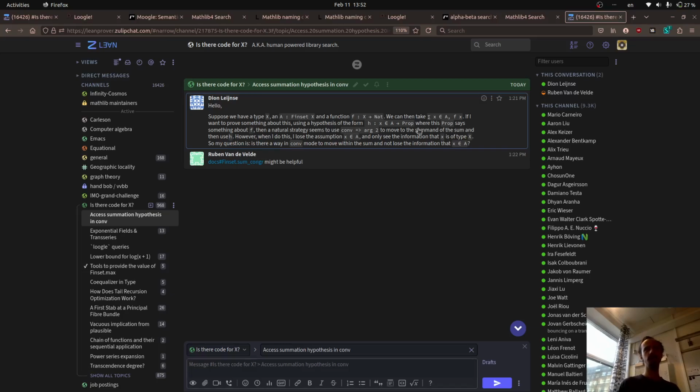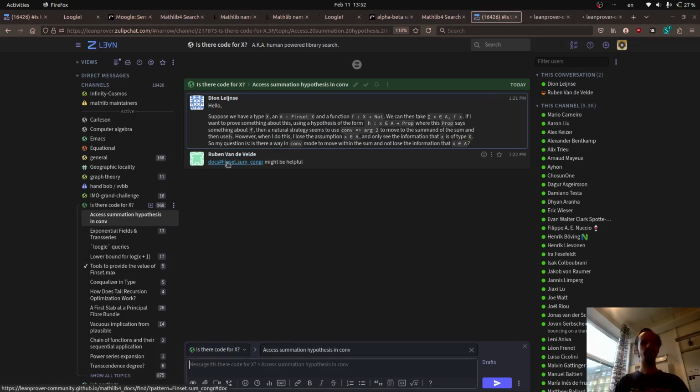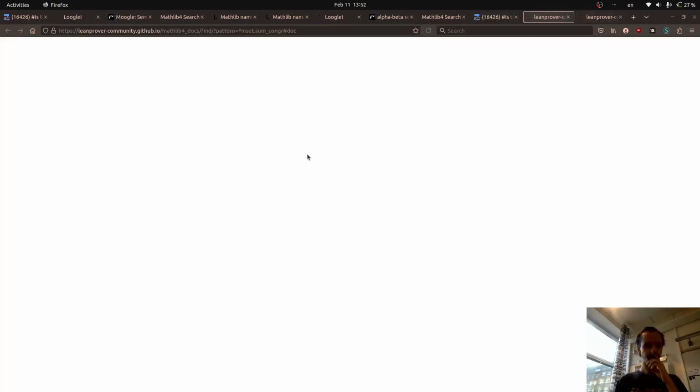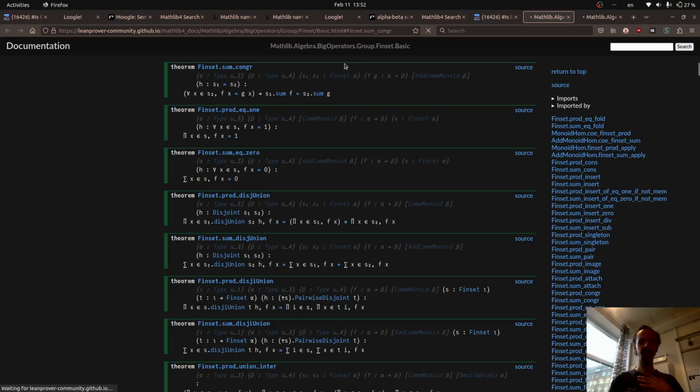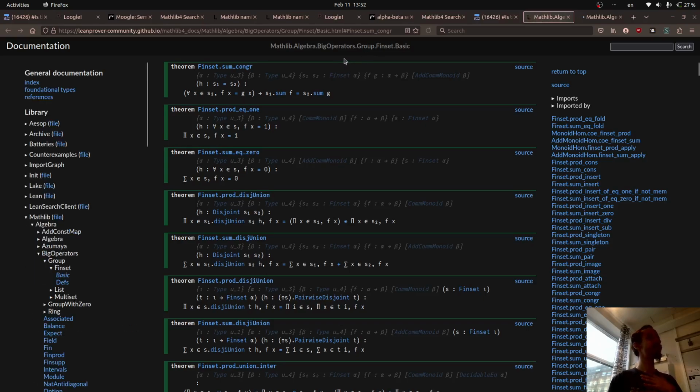But if you just use congr, then you won't get that assumption because they're actually sort of separate. And so Ruben has pointed to Finset.sum_congr.